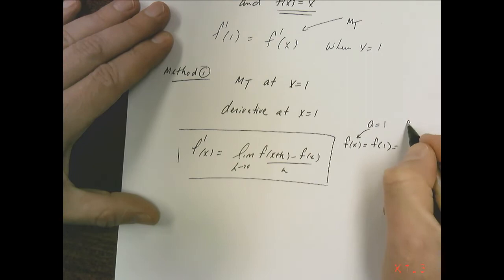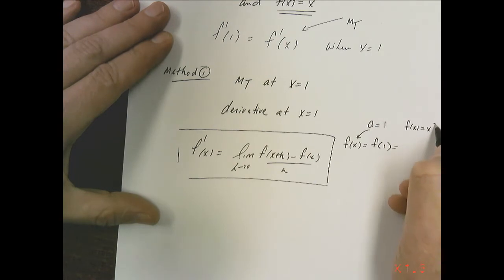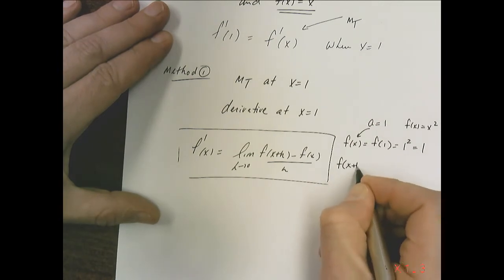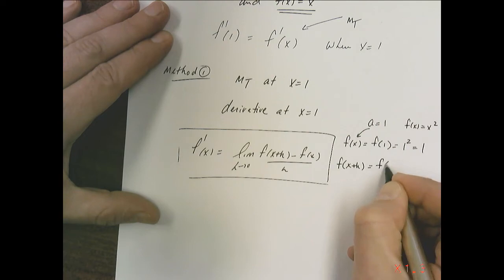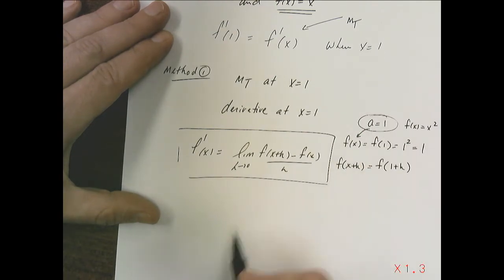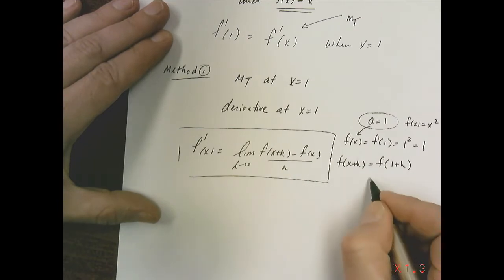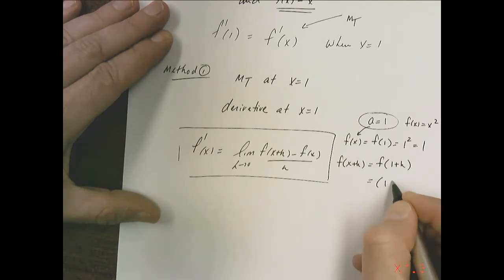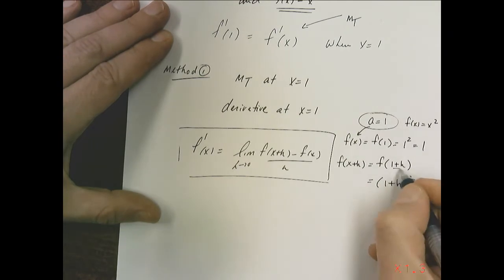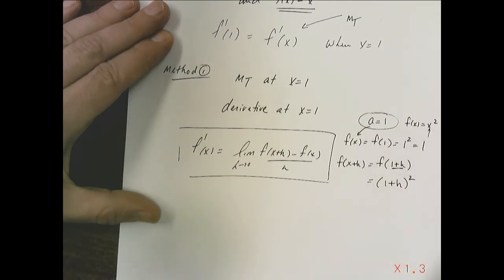They also told us that f of x in general is x squared. So that's going to be 1 squared, which is 1. F of x plus h for this example will be f of 1 plus h, and so that will be 1 plus h squared, because it's the 1 plus h that goes into the function x squared.